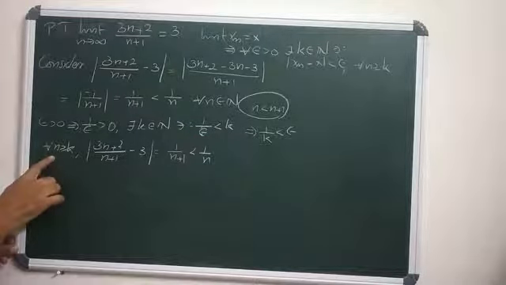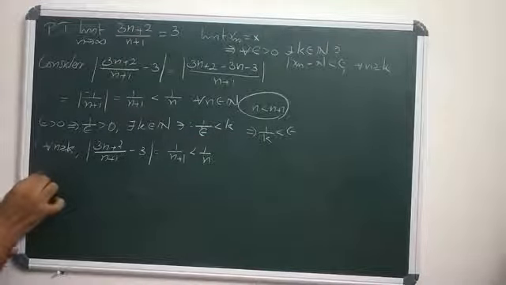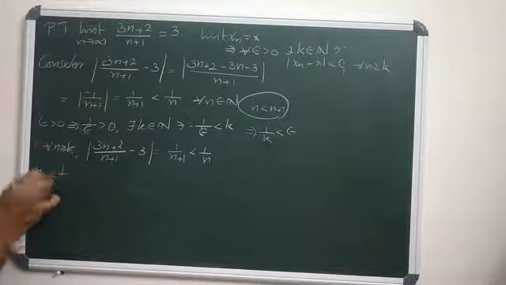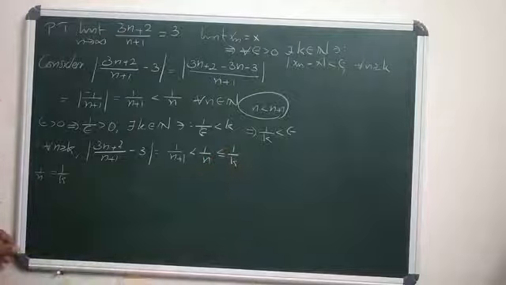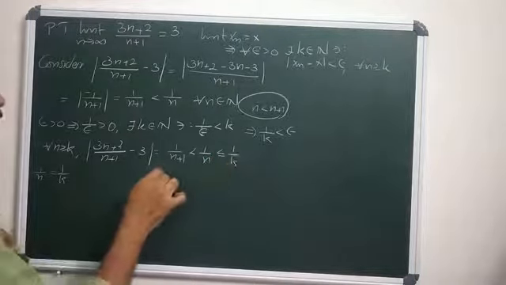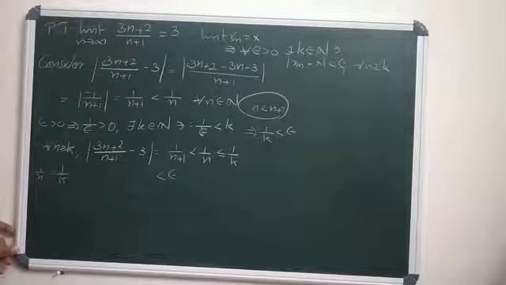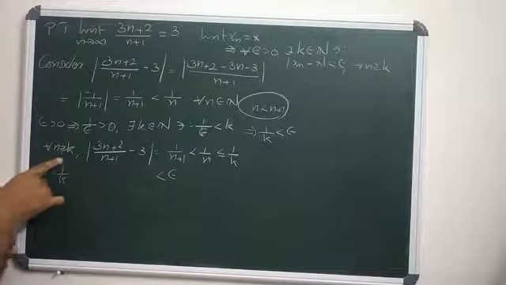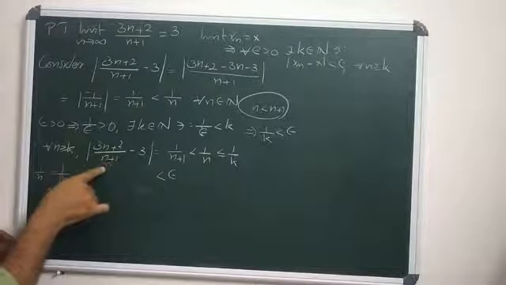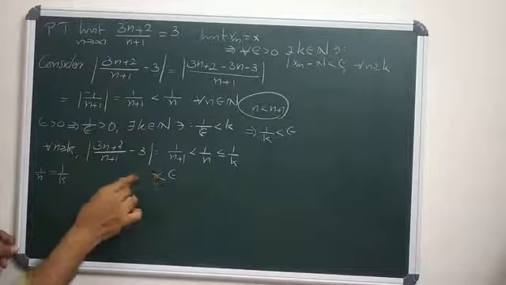But for all n greater than or equal to k, 1/n is less than or equal to 1/k. But 1/k is strictly less than epsilon. So that means for all n greater than or equal to k, the modulus of (3n + 2)/(n + 1) minus 3 is strictly less than epsilon.